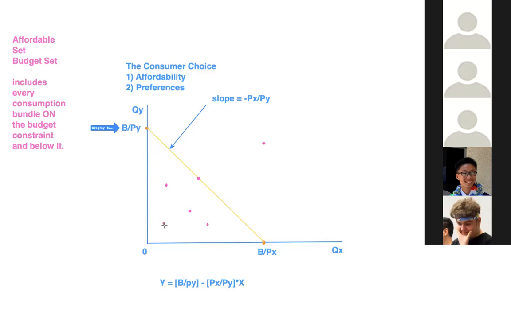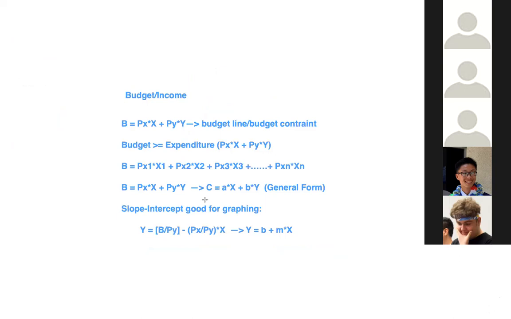And that relates to this definition here: when we're talking about the budget set, the only difference is that for this equation, we would change this from an equal sign, which gives us the line, to a greater than or equal if we're going to talk about the entire budget set.